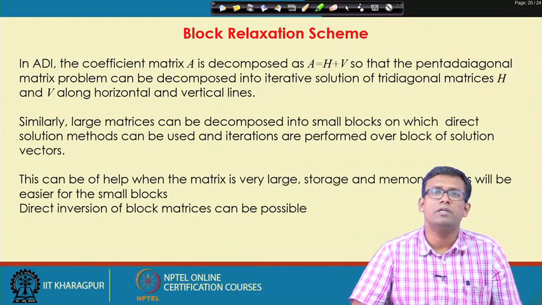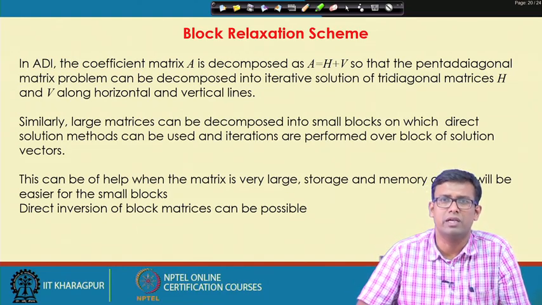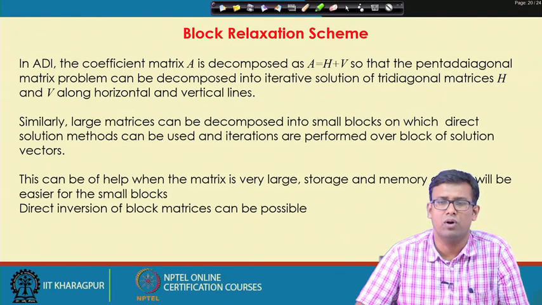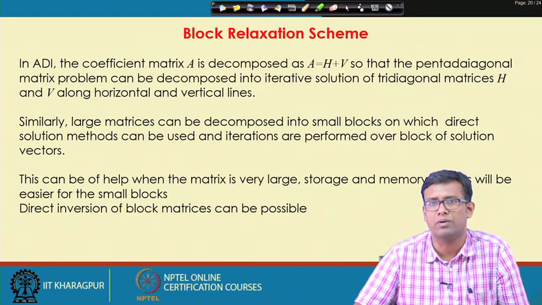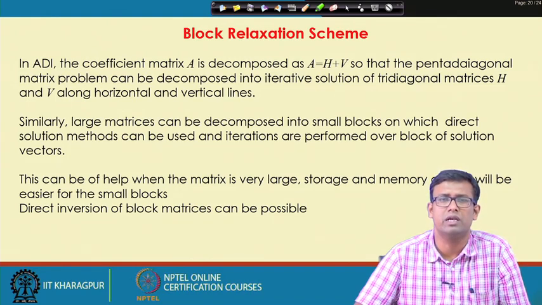Direct inversion of block matrices is possible. We have seen that direct inversion is usually a costly method, except TDMA. Something like LU or an algorithm like Cholesky is costly, and for an n by n matrix takes almost n cube operations.